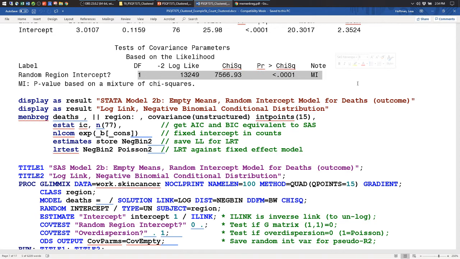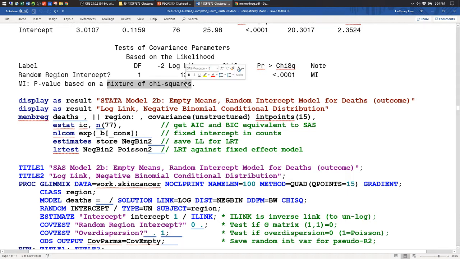So it would be 0.5 times the p-value given 1 degree of freedom plus 0.5 times the p-value given 0 degrees of freedom. The latter works out to be 0, so you're allowed to take your p-value and cut it in half, and that will be the mixture one. So SAS is doing you a solid by giving it for you, in this case. Stata does the same thing when you're just testing a random intercept.